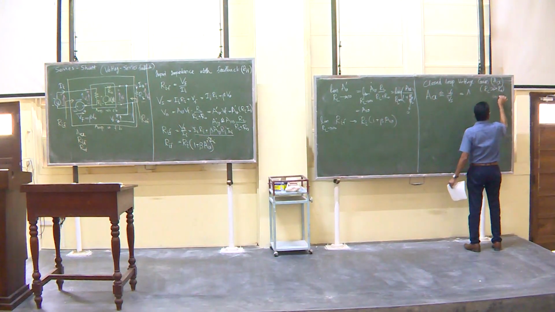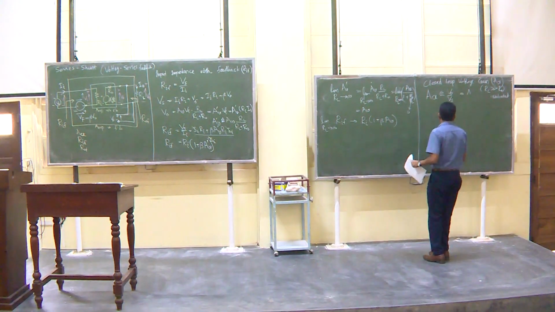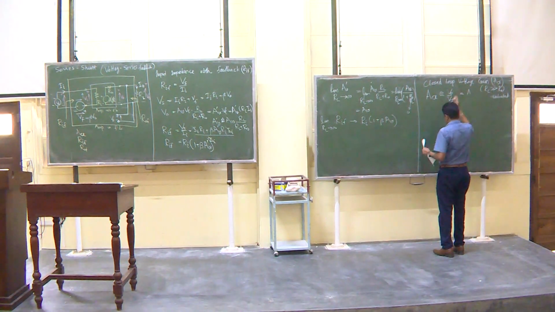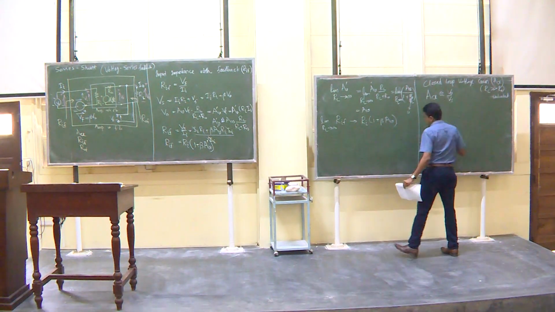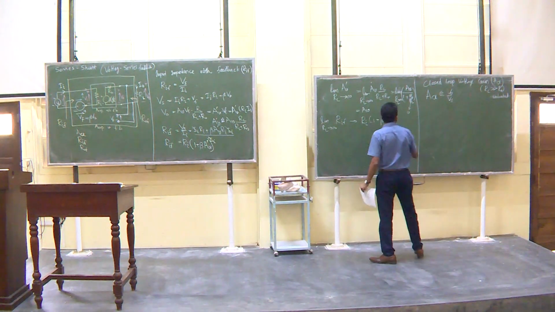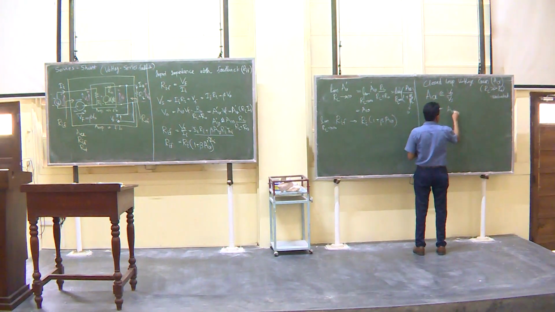So this is equal to, V out is AV times Vi.